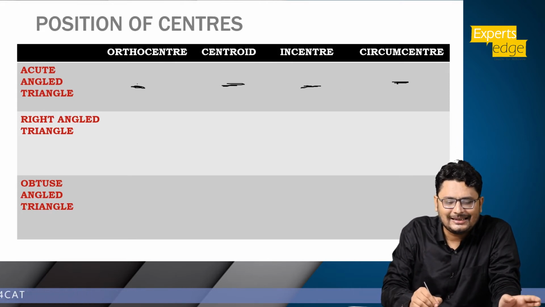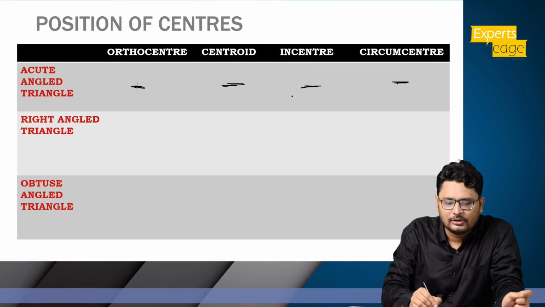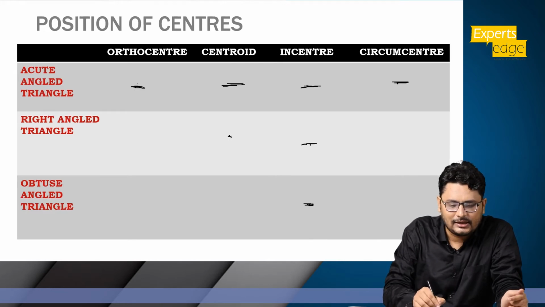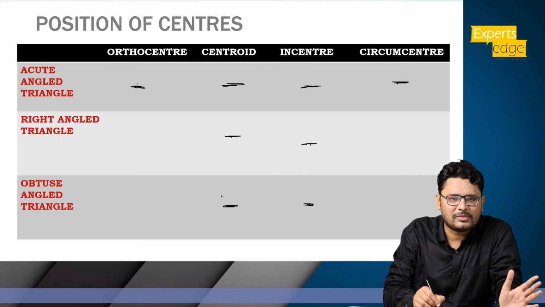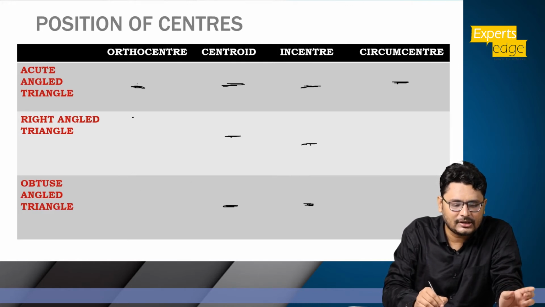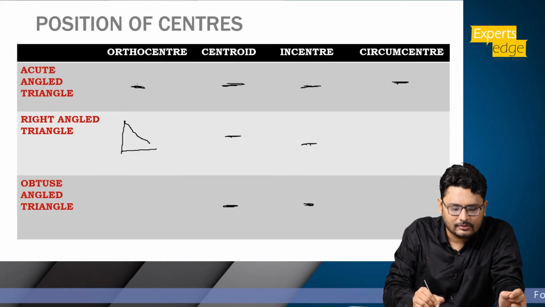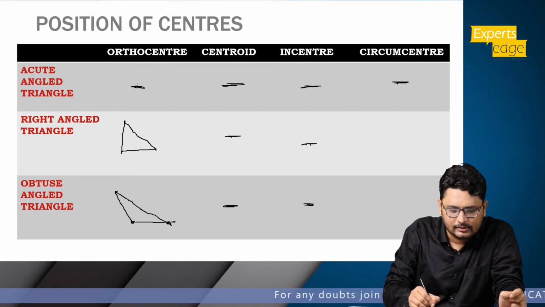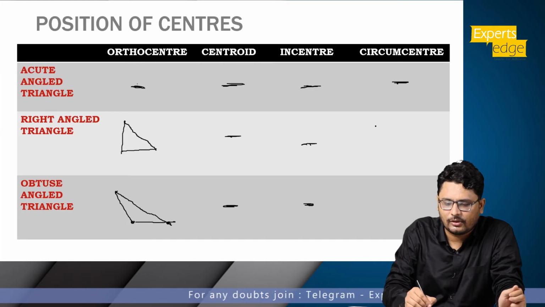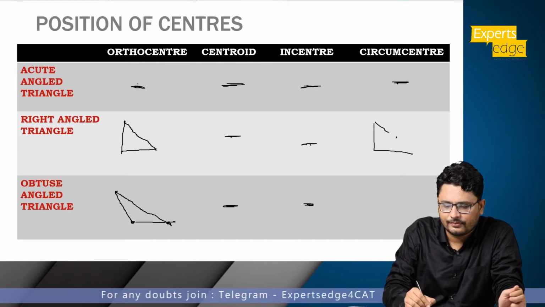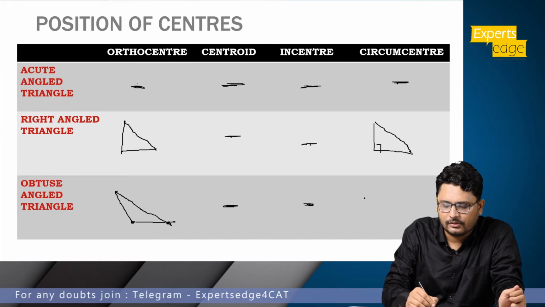सिमिलरली इन सेंटर, एज द वर्ड ओनली सजेस्ट, इन, तो इन सेंटर में भी चाहे एक्यूट एंगल हो, राइट एंगल हो या ऑब्ट्यूज हो, सब अंदर ही रहते हैं. सिमिलरली सेंट्रॉइड भी इन रहता है, तो आई डोंट नीड टू रिमेंबर देम. तो बेसिकली मुझे याद रखना है, ऑर्थो सेंटर का राइट एंगल वाला और ऑब्ट्यूज एंगल ट्रायंगल, राइट? दिस इज वन थिंग. एंड सेकेंड, circumcenter for a right angle triangle and for an obtuse angle triangle.